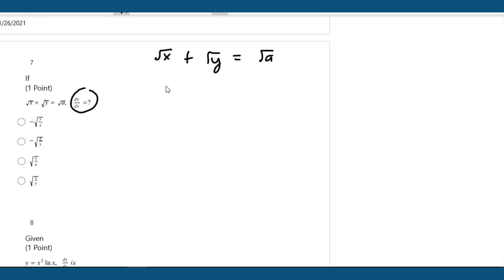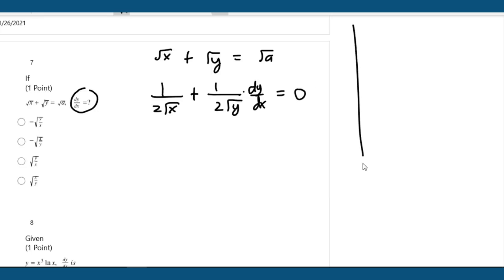Differentiating root x gives 1 over 2 root x, plus 1 over 2 root y, and always after differentiating y, add dy/dx, equal to the constant c. If you're not sure, just change root x to x to the power of half and differentiate. You still get the same result.